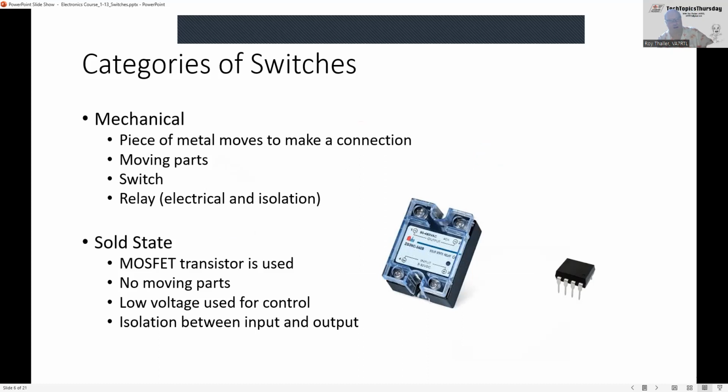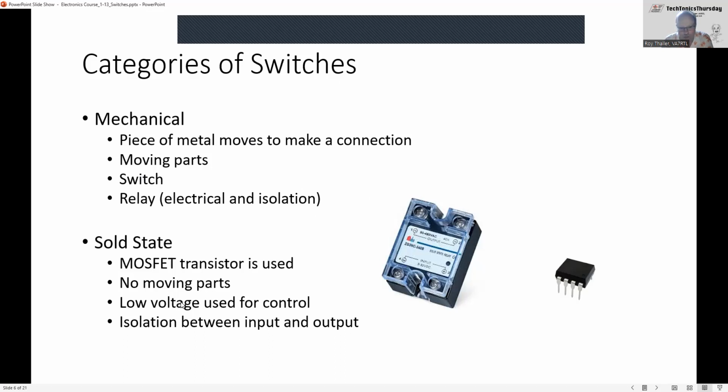So there's a number of switches. Most of them are mechanical, and these are pieces of metal that move to make the contact. They have moving parts. Now, when you have a relay, you have electrical isolation because the coil is separate from the contacts. You can also get solid state switches, and there are no moving parts.